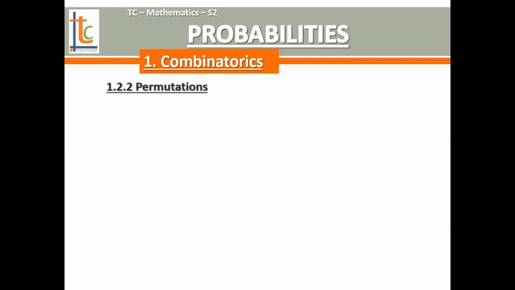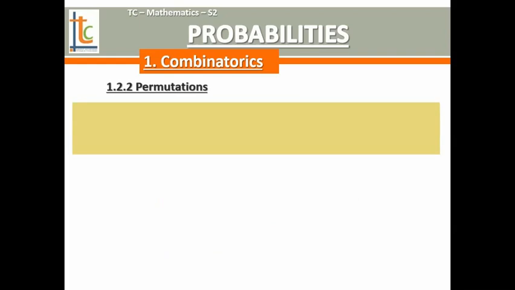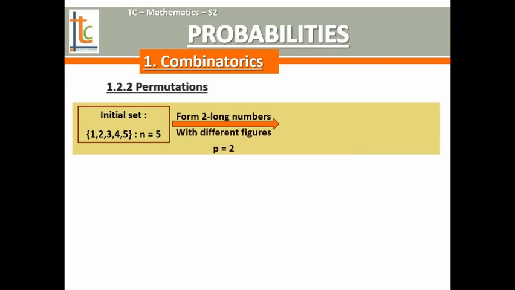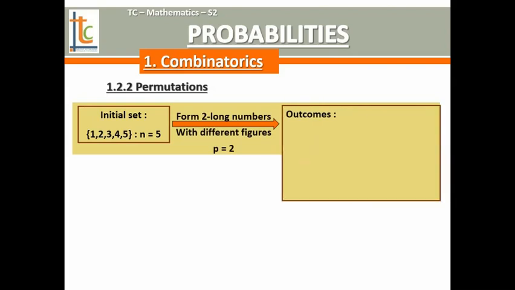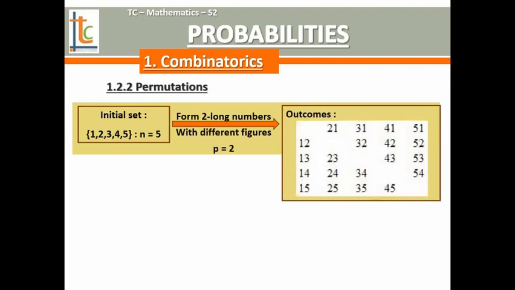Next case, named permutations. Let's take back our initial set 1, 2, 3, 4, 5, and then form 2-figure numbers with different figures. So this time, we are not allowed to take twice the same figure. What are the outcomes in this case?